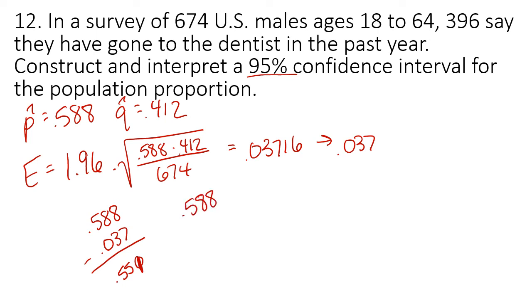And then add 0.037 and get 0.625. So now we can instead be 95% confident that between 55.1% and 62.5% of males between 18 and 64 in the United States went to the dentist last year.